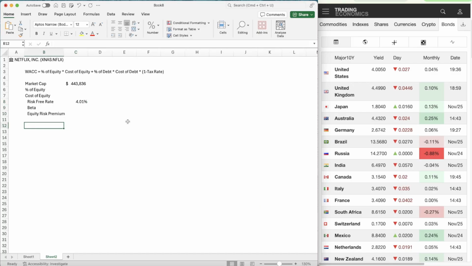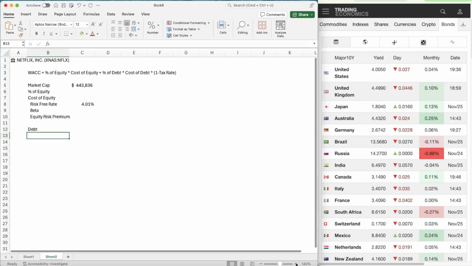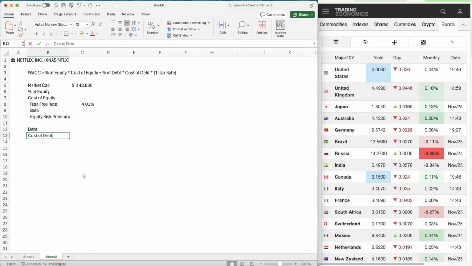These two we can't calculate yet. Then we want debt, cost of debt, tax rate. Sorry, no, percentage of debt. There we go. Then put total here. Then WACC.